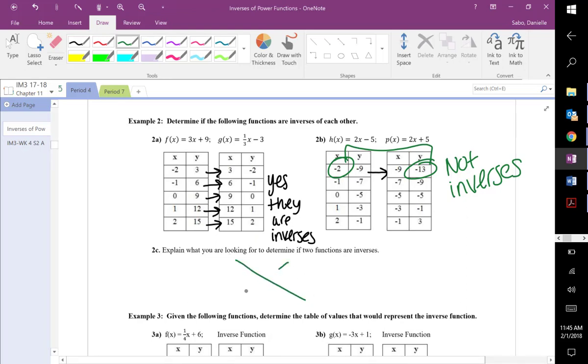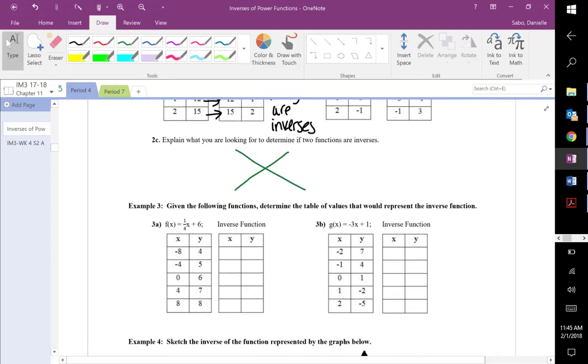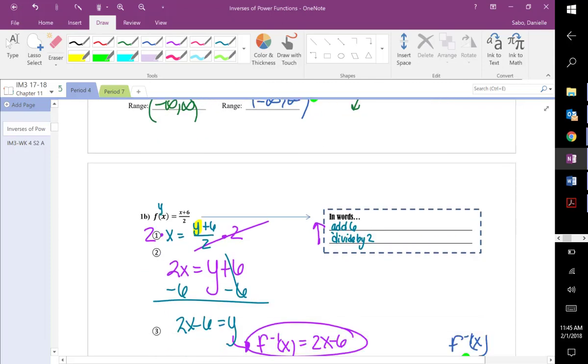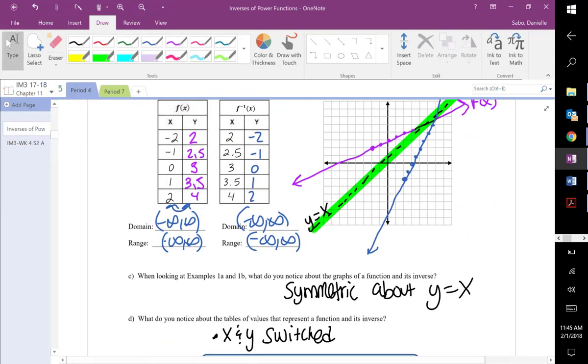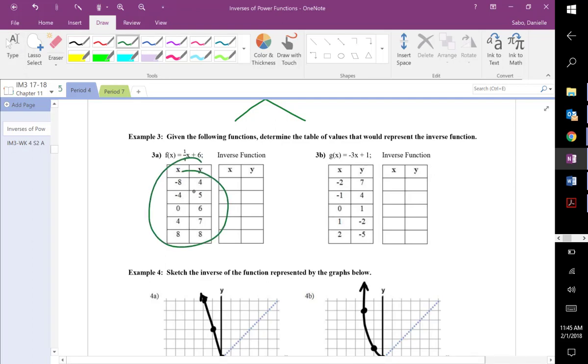We're going to cross out this one. I don't really care about that. So now, all I want you to do is do 3A. We already did it. We did it on the first page and the second page. We switched them all. All I want you to do is take these pieces and make them an inverse function. How do you do that?